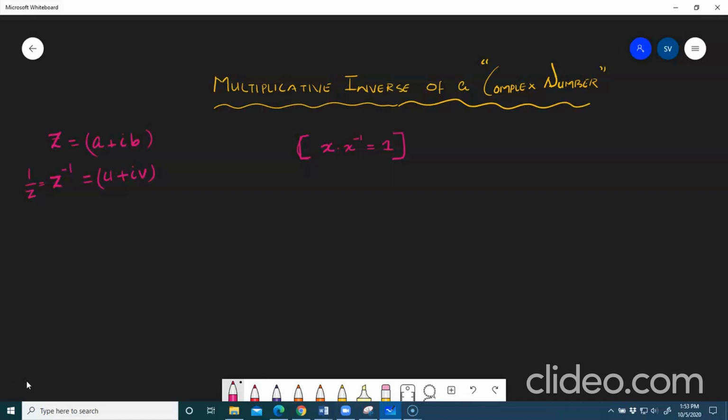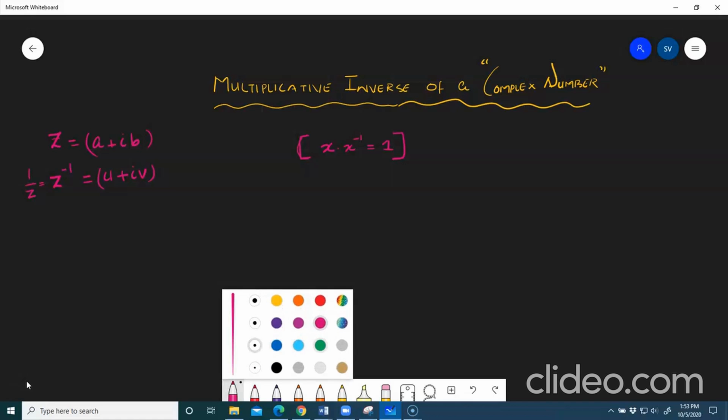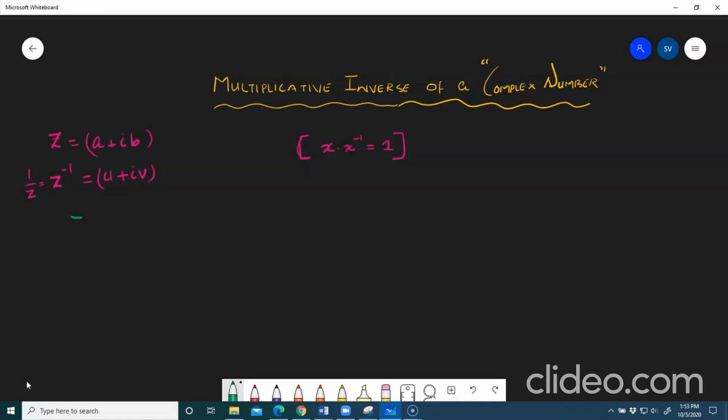So as per the inverse identity rule, when we are multiplying these two, z times z inverse, that is equal to a plus ib times u plus iv.